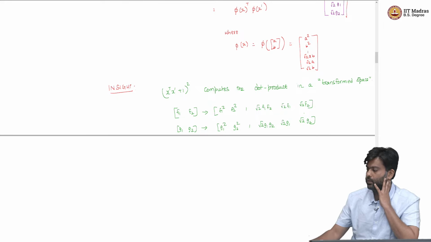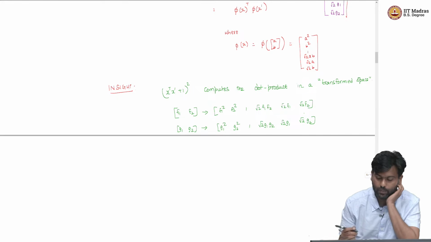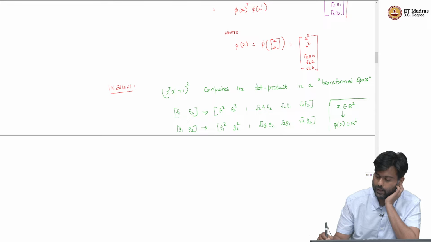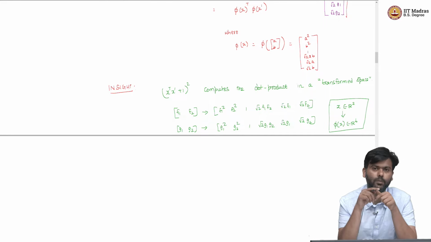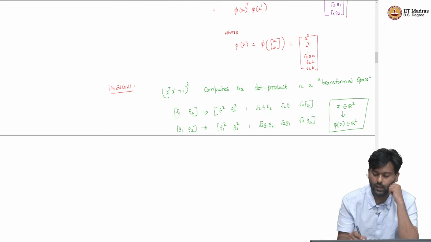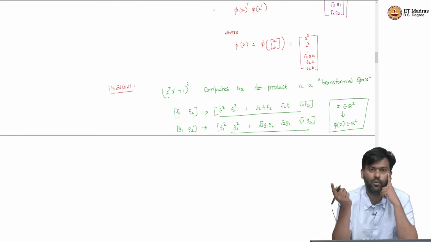So, basically we have mapped x which is in R2 to phi of x which is in R6, and then we have managed to compute the dot product in the mapped space without explicitly computing these two guys. I never had to compute phi of x.